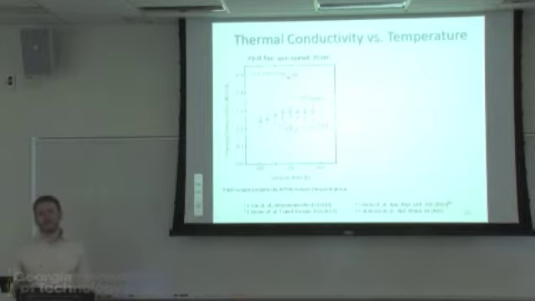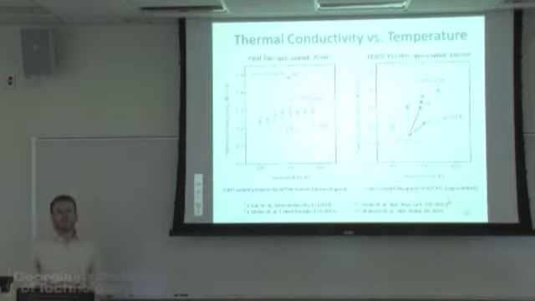Even though P3HT is crystalline on a long-range scale, there's really not a high degree of crystallinity. It's more on the nanoscale, so we would expect this kind of behavior where there's not much of a thermal conductivity increase. Sometimes the thermal conductivity can be slightly higher. This is a highly doped film, although the electrical conductivity is still so small that we don't think that's really what's contributing to that change in the film.